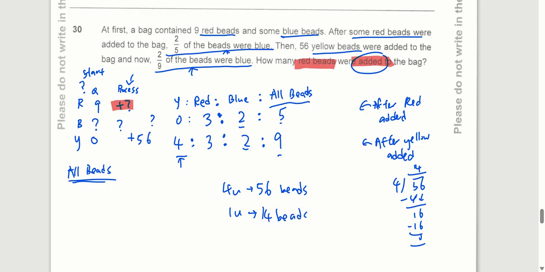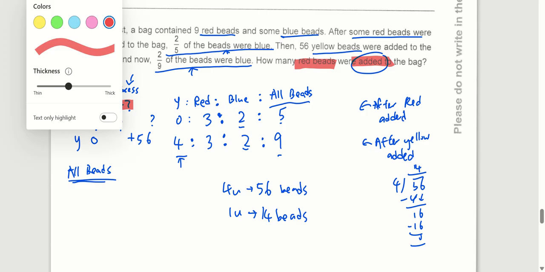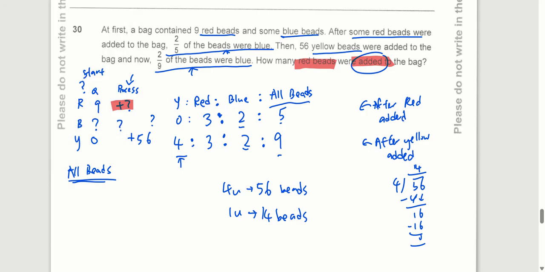Now, you want to answer the question, how many red bits were added? So I'll go straight back to the red bits here, which is 3 units. So that's after it's added. So 3 units will be 14 times 3. There will be 42 bits.